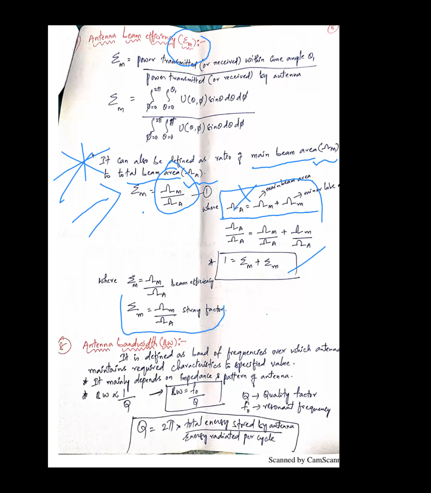Okay, now you know that epsilon suffix capital M is equal to omega M by omega A as per definition, whereas epsilon suffix small m is equal to omega suffix small m by omega suffix A, which is called as stray factor. And this question might be important as far as 5 marks question is considered from unit 1. Now getting back to the next topic.